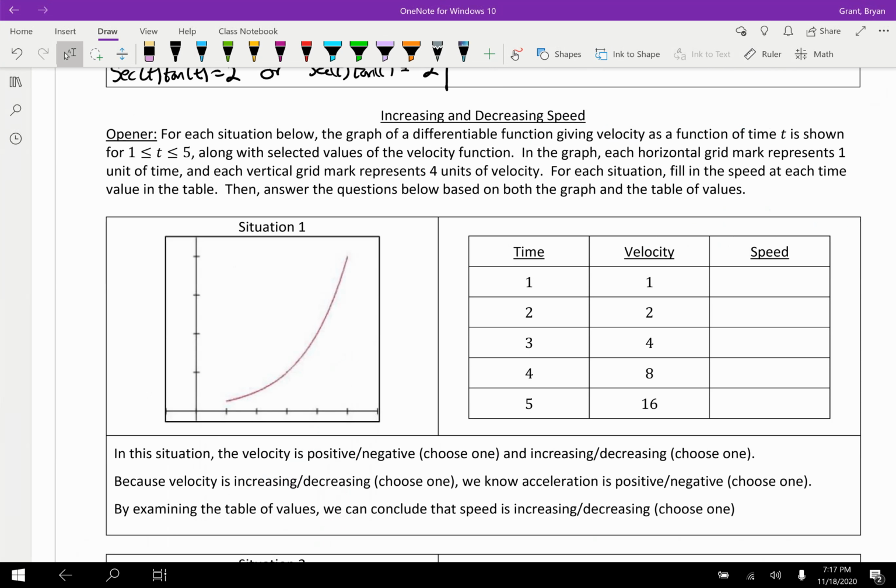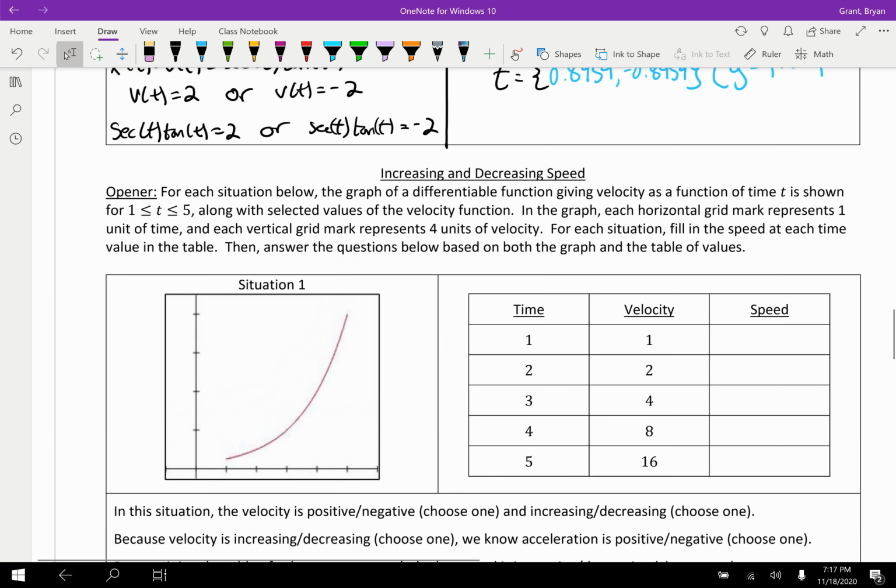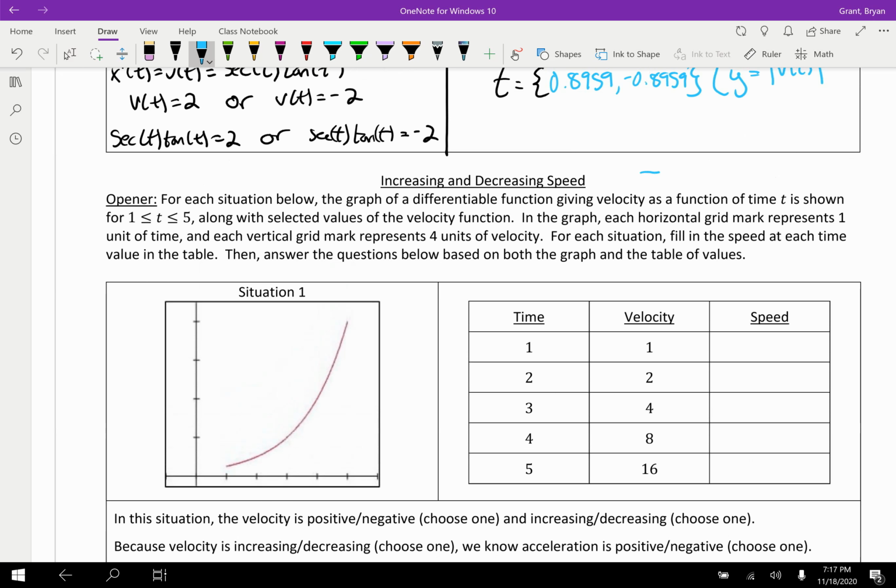We have talked about what causes velocity to increase or decrease, but that's actually a pretty confusing concept, because if velocity is increasing, it is possible for your speed to still be decreasing. And we're going to take a peek at this right now. So what I think of is if you have a positive velocity, that means you're moving to the right.